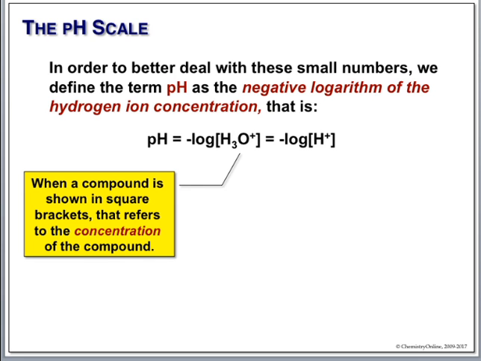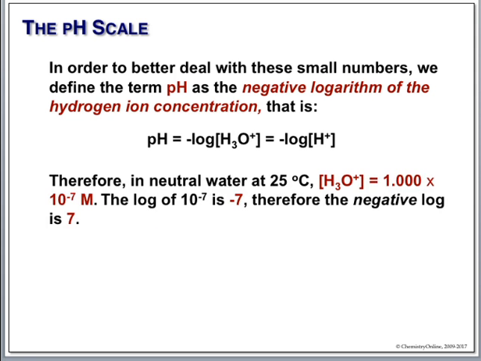So, the negative log of 10 to the minus 7 is what? It's going to be 7. You take the exponent, you change the sign. That's all there is to it.